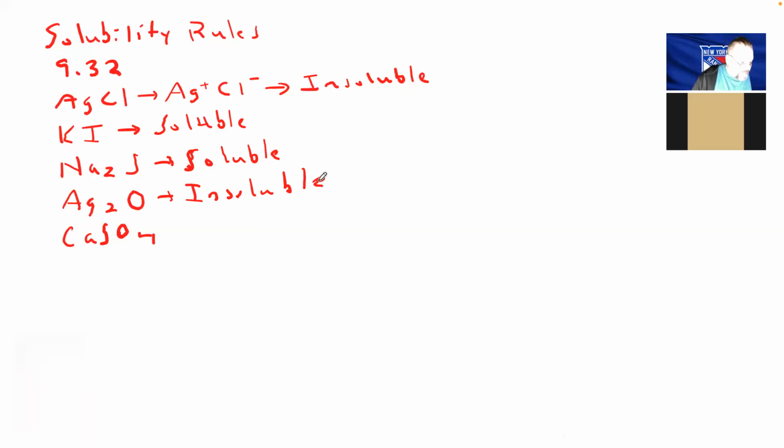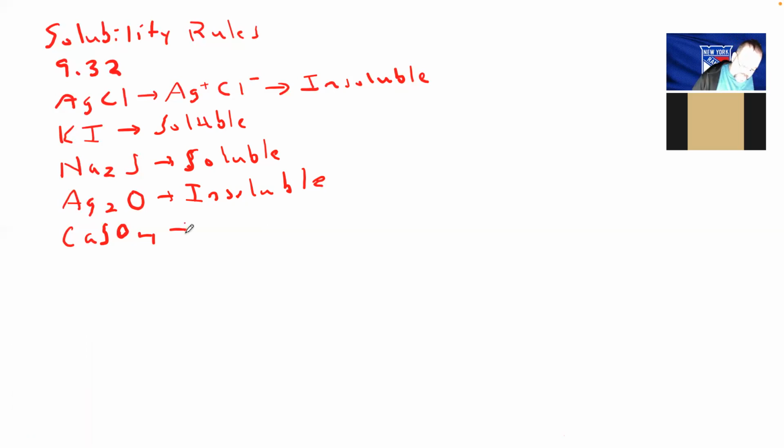And then the last one, calcium sulfate. So again, I don't see anything specifically about calcium, but I see sulfate. So most sulfates are soluble, except when combined with barium, lead +2, and calcium is the next one.